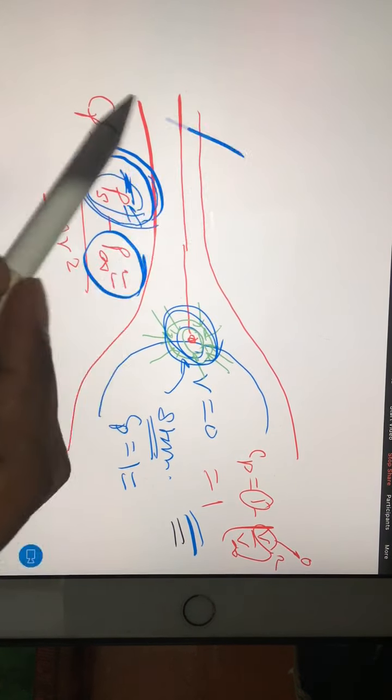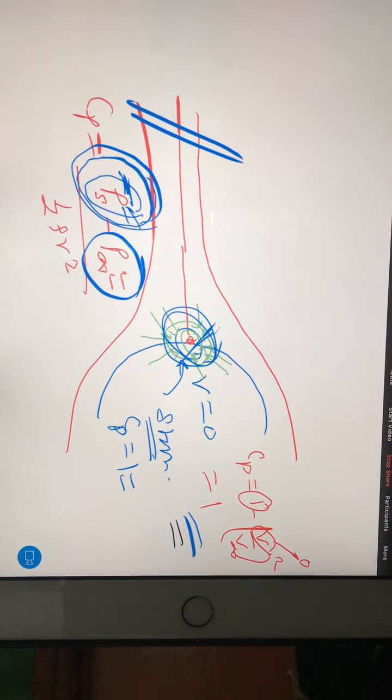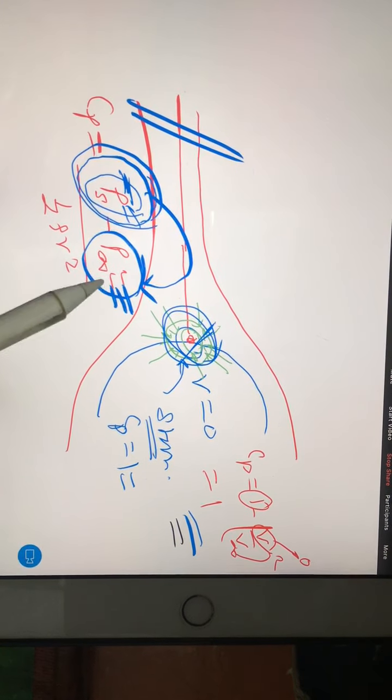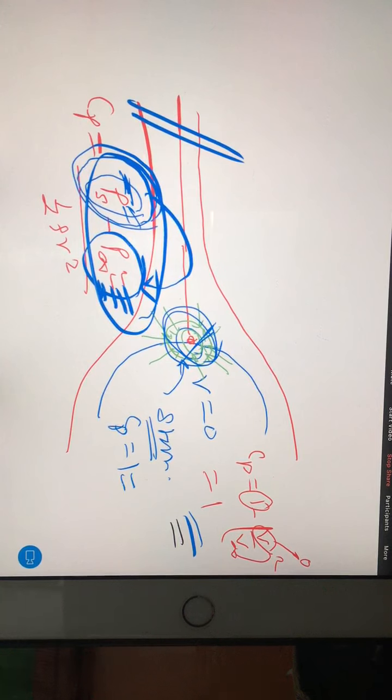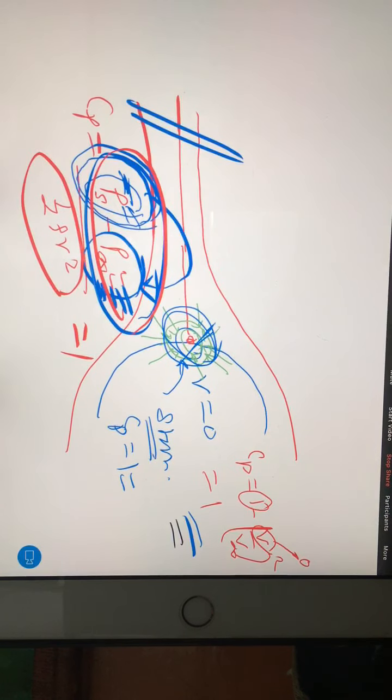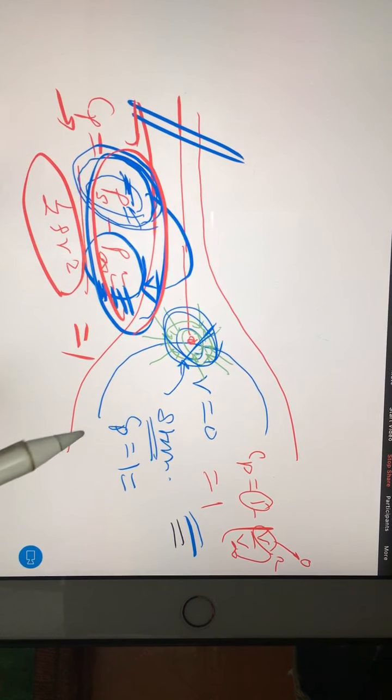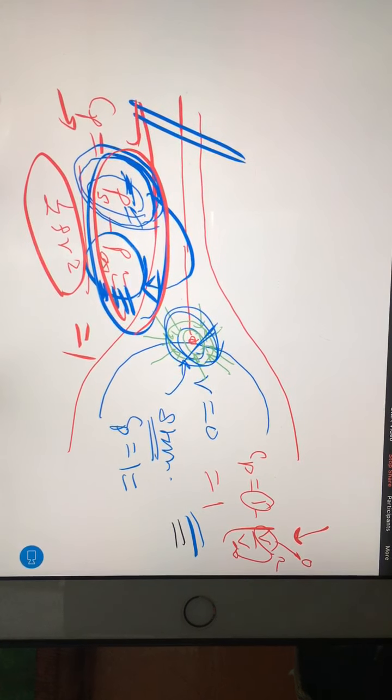Total pressure is the same in the atmosphere and at the stagnation point. So total pressure minus static pressure gives you dynamic pressure, and the ratio of dynamic to dynamic will give you 1. So in terms of pressure also you can judge the Cp value, and in terms of velocity also you can judge the Cp value.